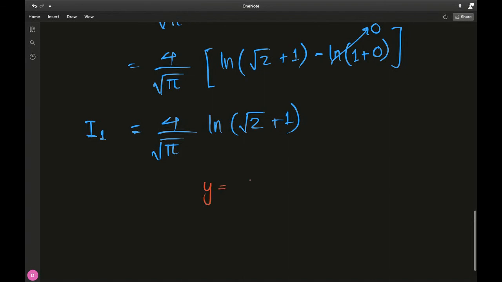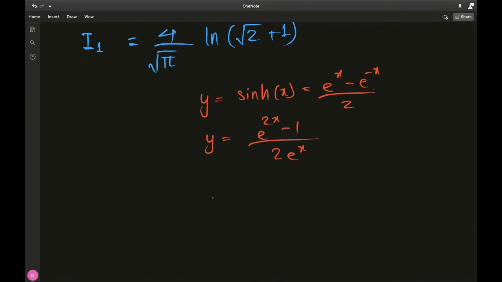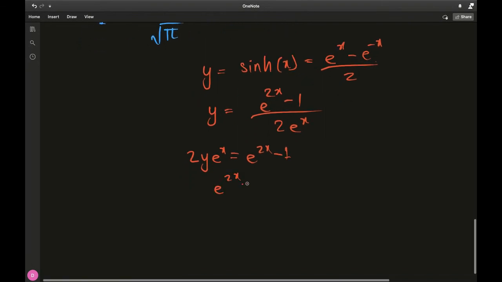So if you have y equal to sinh of x, which is e to the x minus e to the negative x over 2, what you do is make everything into positive powers. So y equals e to the 2x minus 1 over 2e to the x. Rearranging, 2y e to the x is e to the 2x minus 1. So we have e to the 2x minus 2y e to the x minus 1 equal to 0.